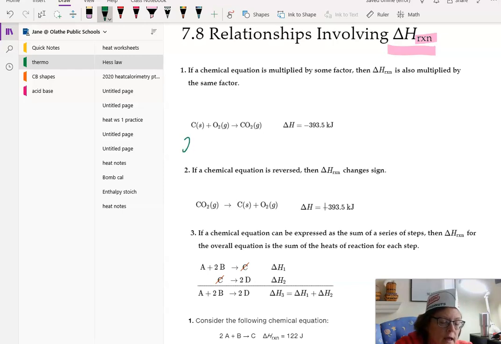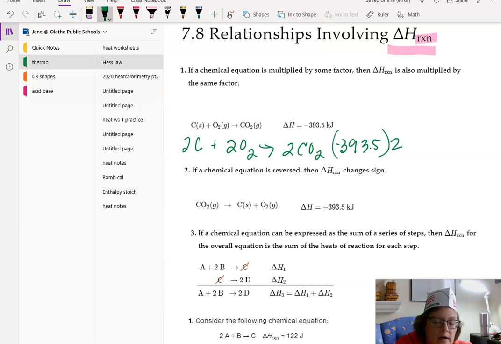So if we have 2 carbons and 2 oxygens producing 2 carbon dioxides, then we're going to take 393.5 times 2, which is negative 787 kilojoules. Okay, that's a pretty simple concept.